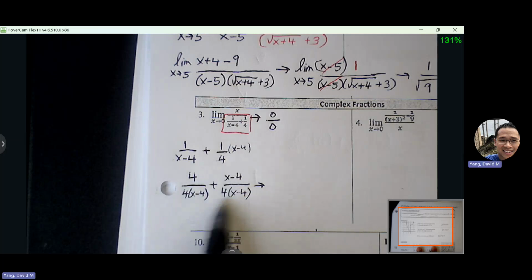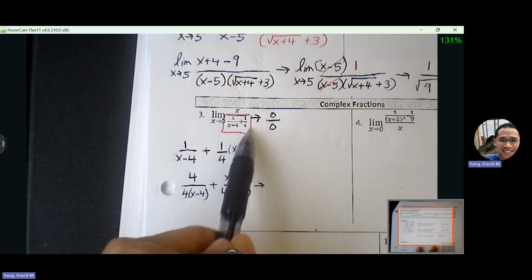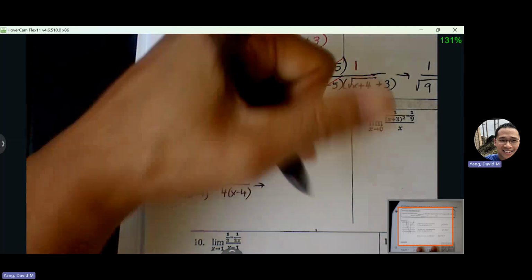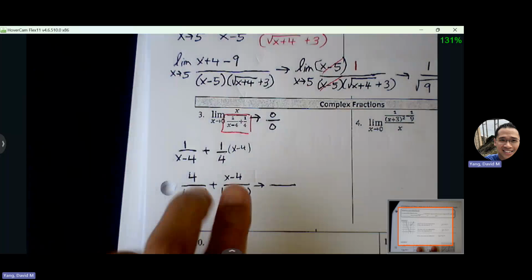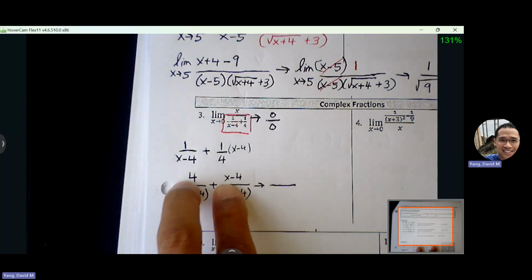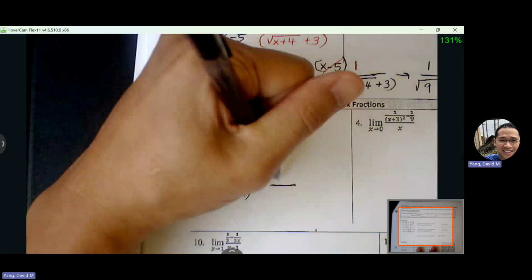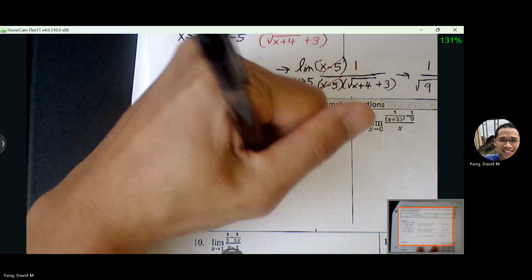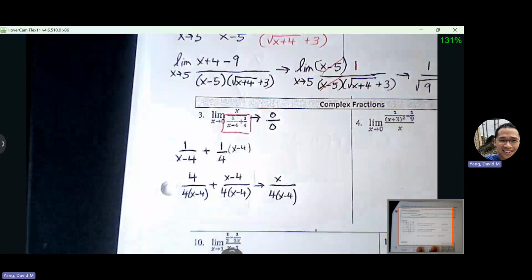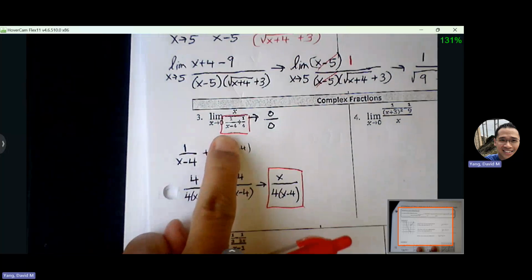But realize that this is just going to represent the cleanup of this expression. Now, when you add fractions, you're going to keep the denominator the same. You're just combining like terms for the top. So 4 plus x minus 4 just gives me what? This x. So x. So this is the cleaned up version of what I have here initially.